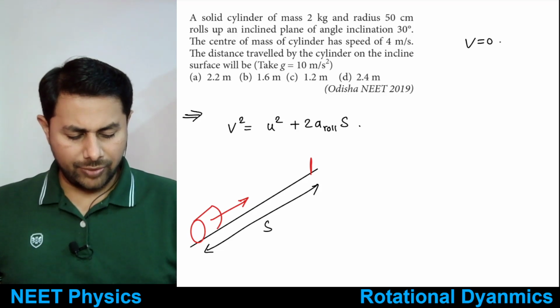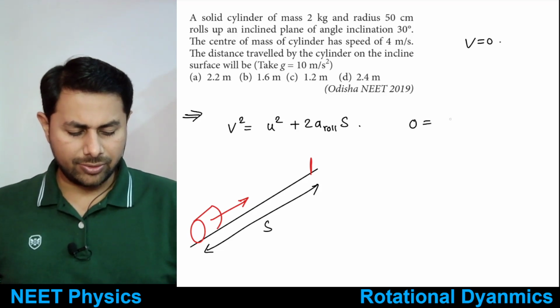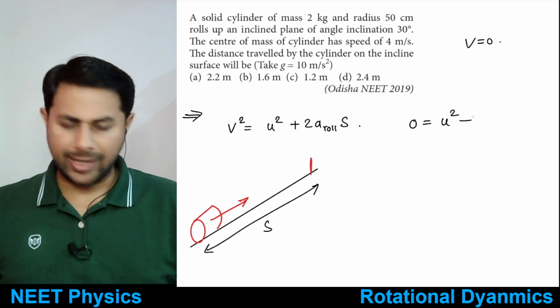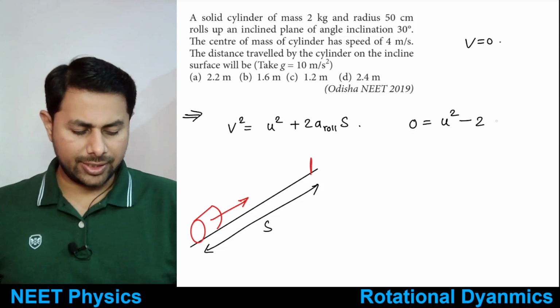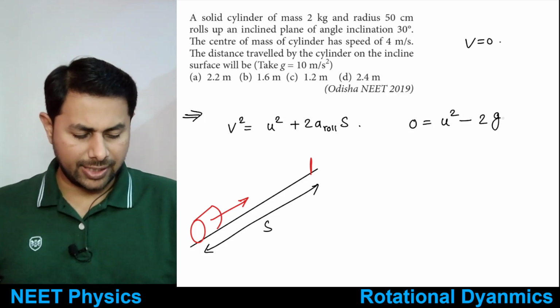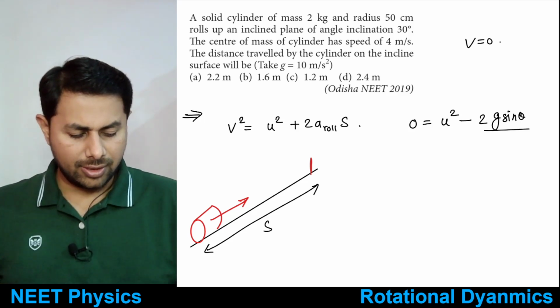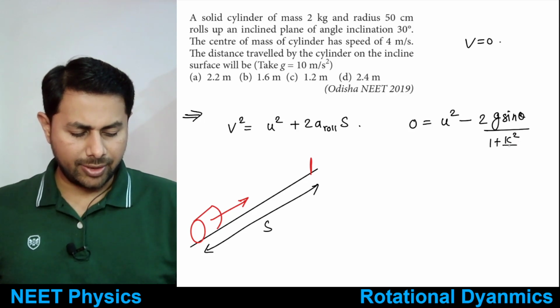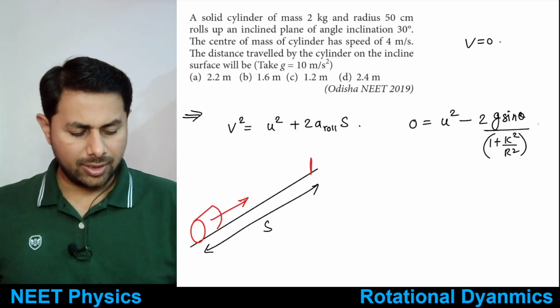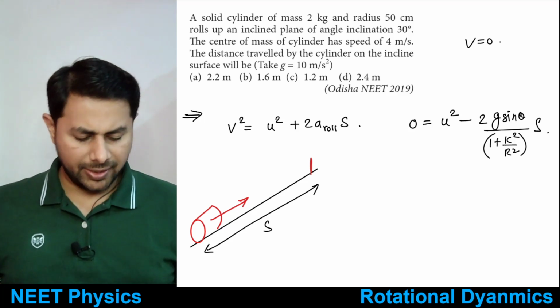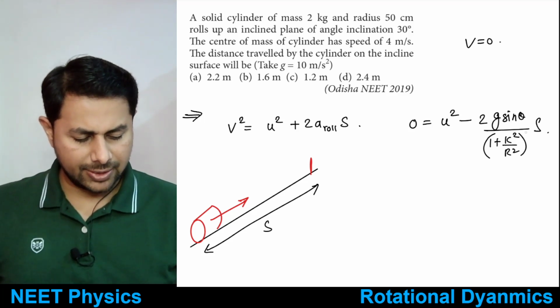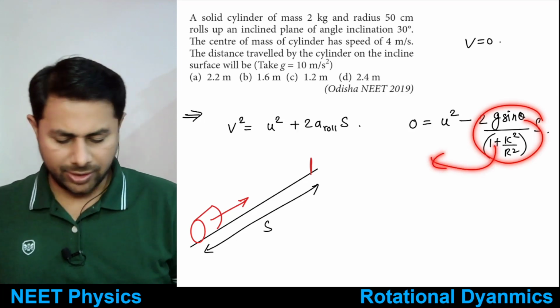So we have v square, that means 0 is equal to u square minus 2 times the acceleration in rolling motion. That would be negative, so that is g sine theta divided by 1 plus k square upon r square, times s. And we want s, so we can move everything else to the other side. But first let's move this thing to the other side.